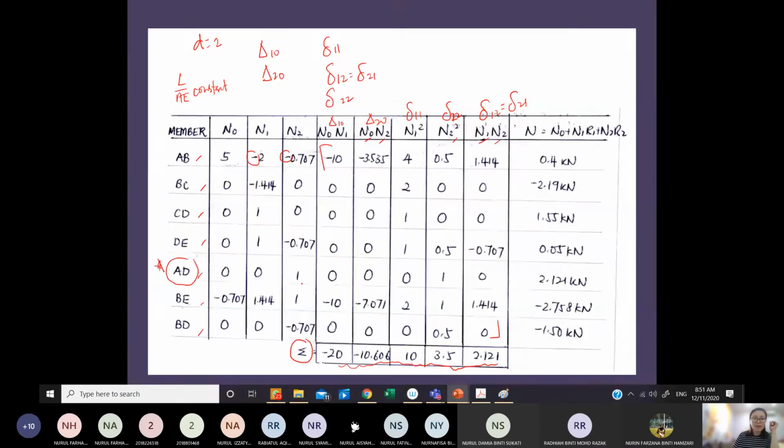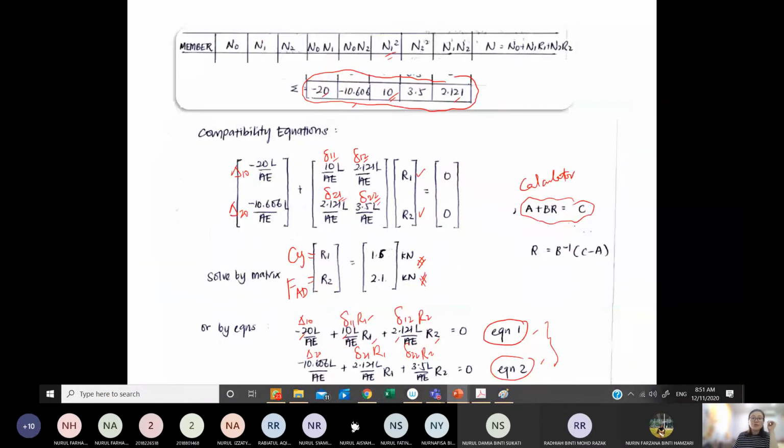If not mistaken, let me check that. Yes. So what this means is you are solving the real structure, the CY value and FAD value. Once you have solved for the real structure, you can put it back in the real system and solve for all the remaining support reactions and also the axial forces.